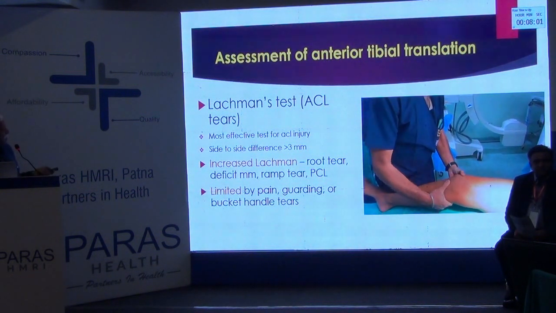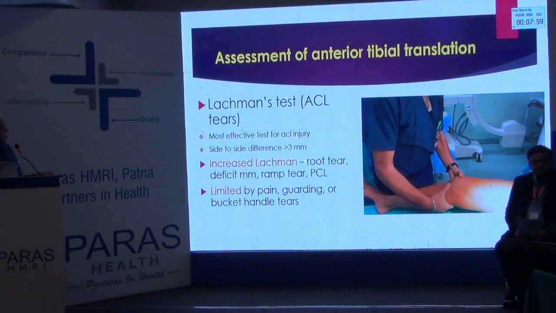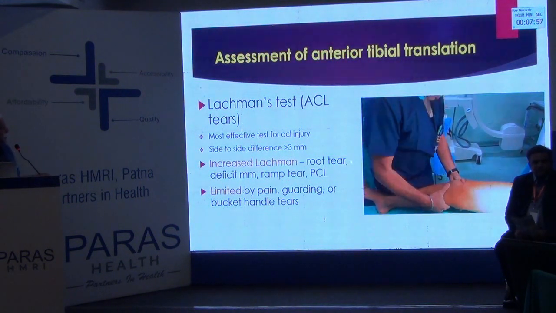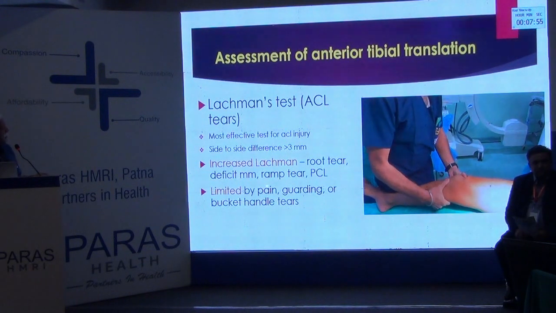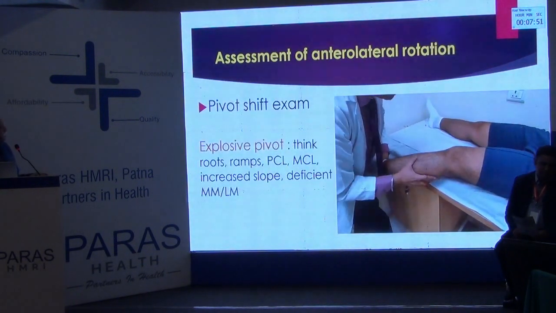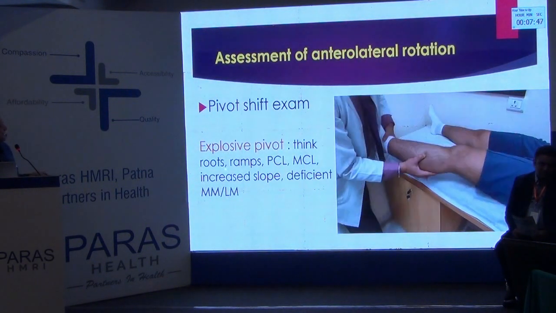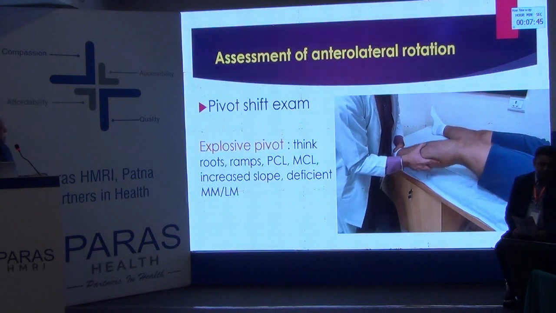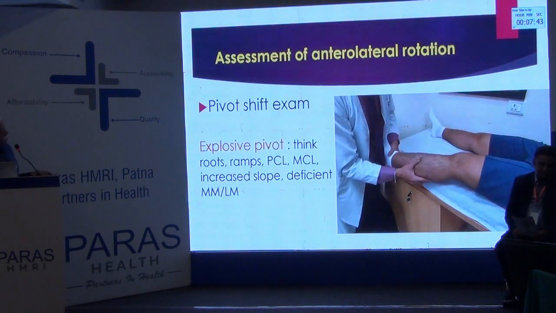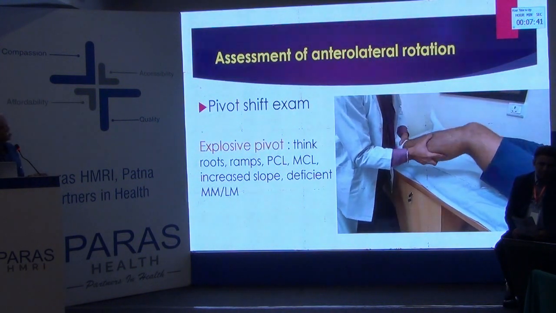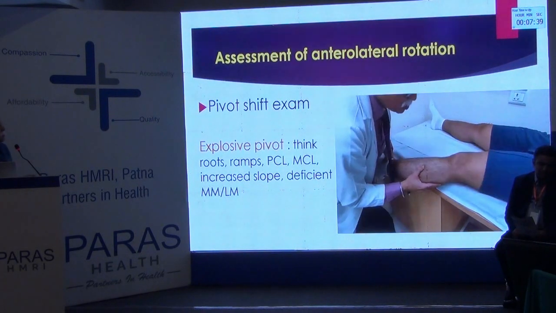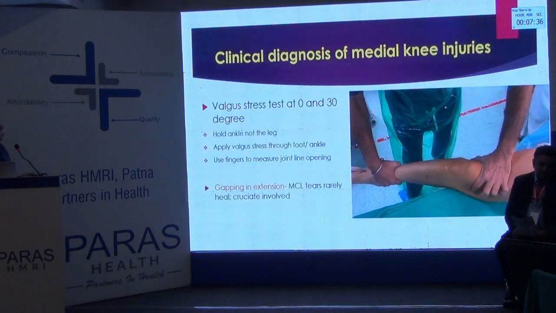However, if the Lachman test is strongly positive, one must suspect associated tears like a root tear, deficient medial meniscus, RAM, or associated ligamentous injuries. Again, pivot shift, if it is very explosive, one must think of root, RAM, PCL, MCL. So one must look for other associated instabilities and injuries to achieve the best clinical outcomes.